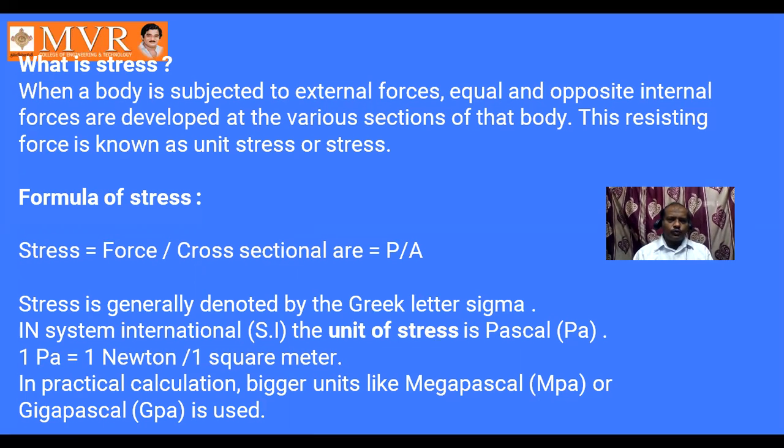Stress is equal to force by area, that is P by A. A is the cross-sectional area of the element or lamina, whatever we have chosen, and force is in newtons. Now stress is generally denoted by the Greek letter sigma. In SI units, the unit of stress is the Pascal.